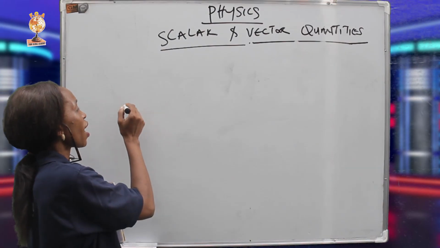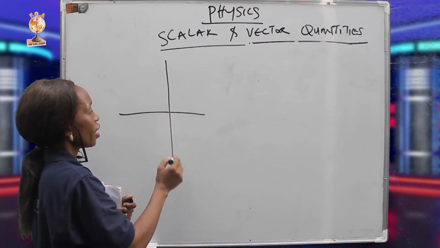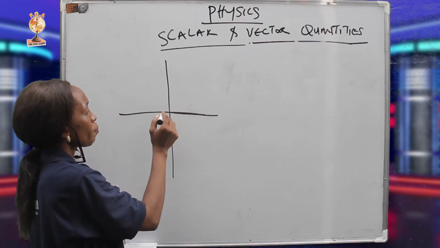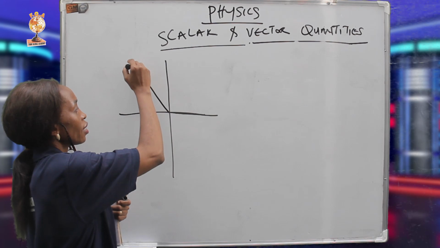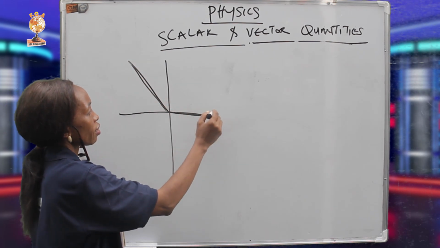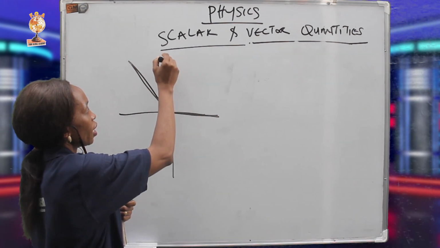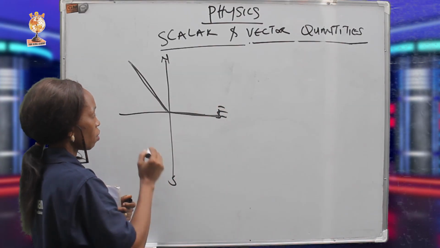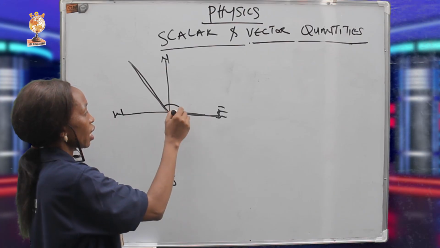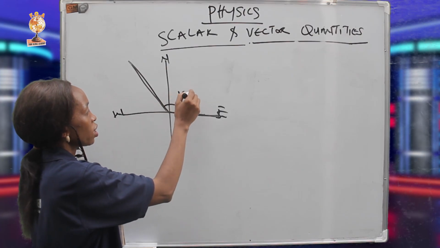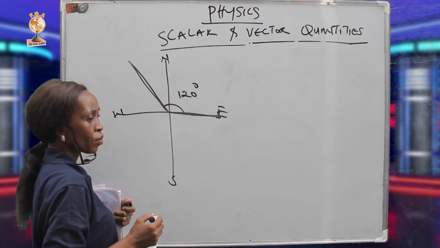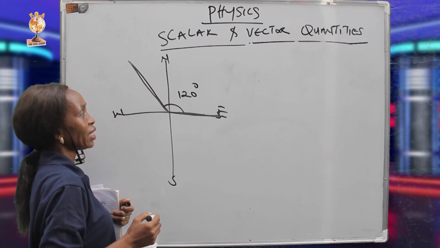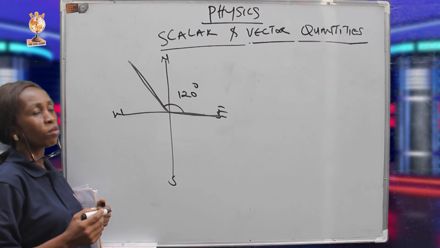And what if I have an obtuse angle that is above 90 degrees to each other? So this is north, this is east, and then south and west, and it's making an angle, let's say, 120 degrees to each other. Now I'm asked to find their resultant.